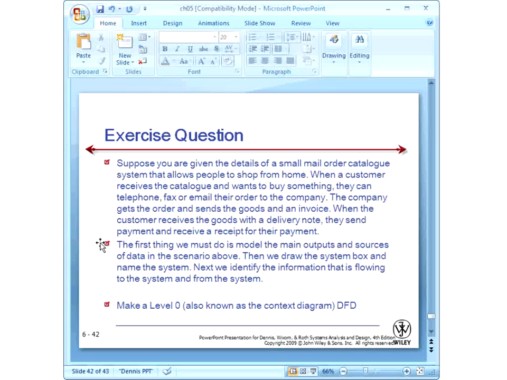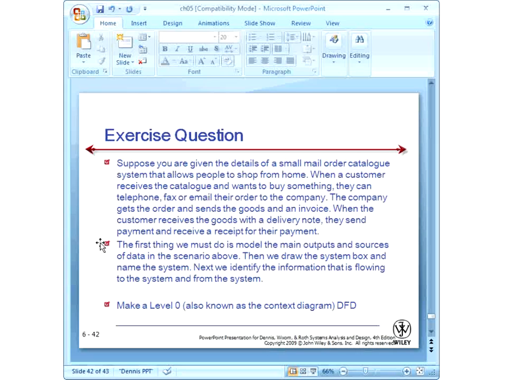When a customer receives the catalog and wants to buy something, they can telephone, fax, or email their order to the company. The company gets the order and sends the goods and an invoice. When the customer receives the goods with delivery note, they send payment and receive a receipt for their payment.